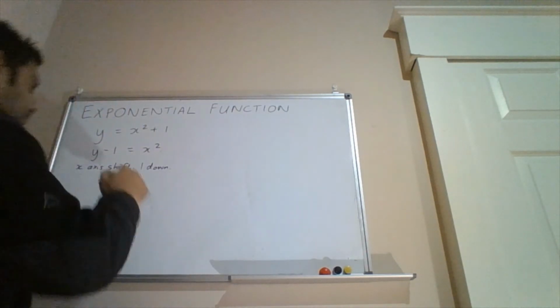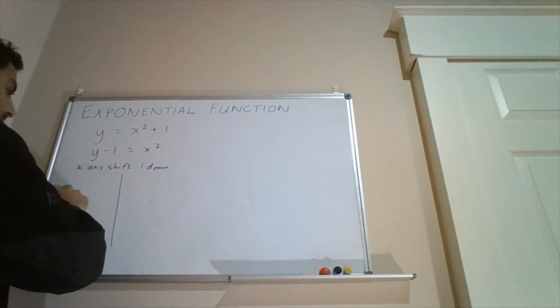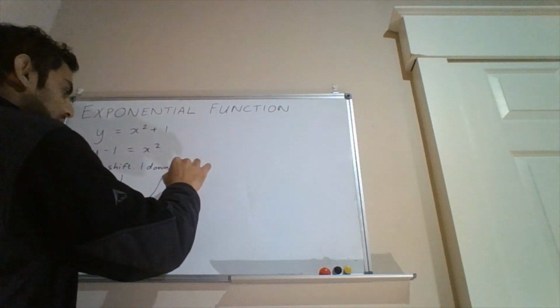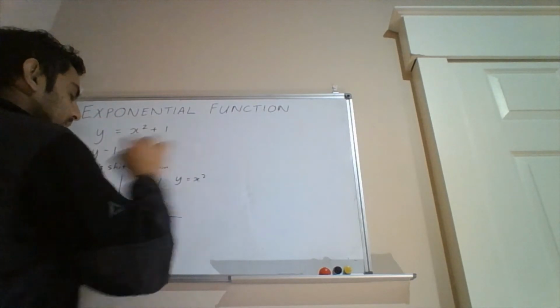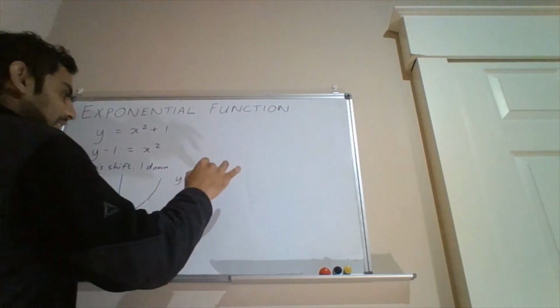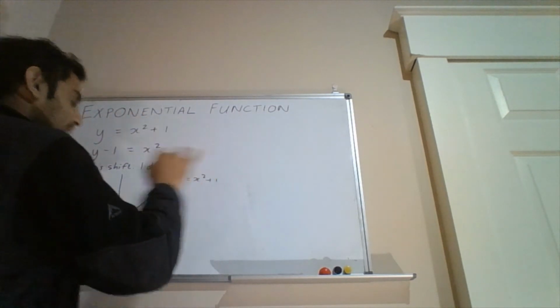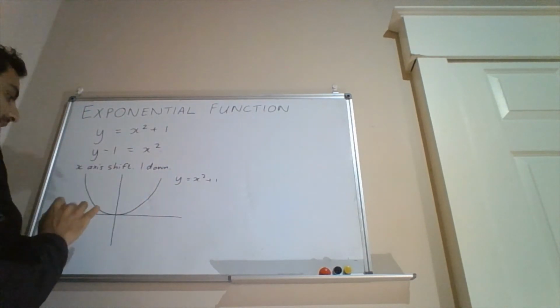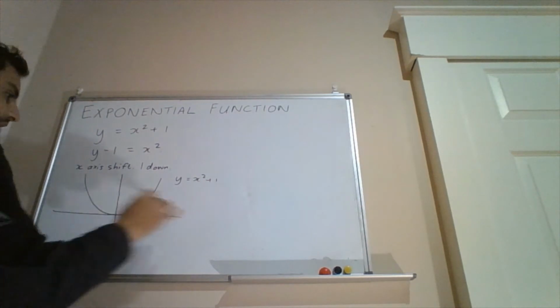So starting off with our standard parabola, which has the equation y equals x squared. Now when we have a plus 1, as in this equation, we can see that it corresponds to the x-axis shifting 1 down.